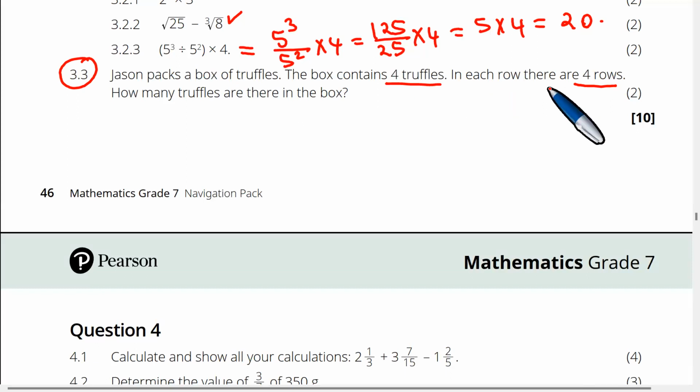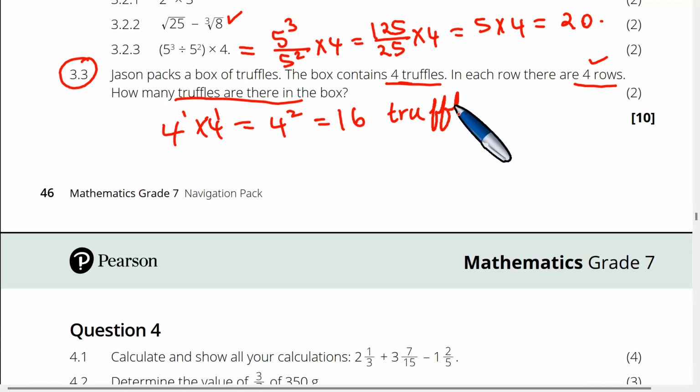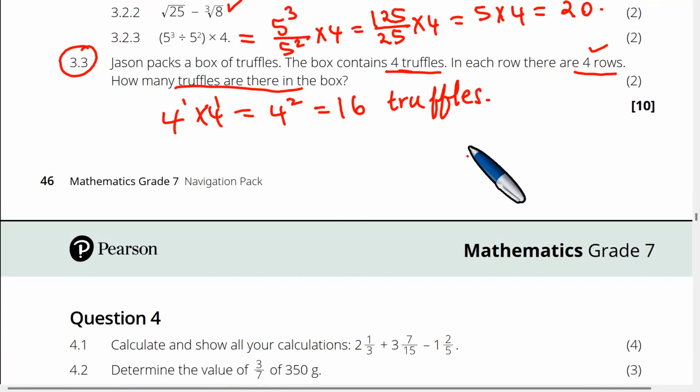To get how many truffles are in the box, you just say 4 truffles by 4 rows. And what is 4 by 4? It's like 4 squared, because to the power 1, you add 1 plus 1, you get 2. And then 4 squared is what? Is 16 truffles. Next question.